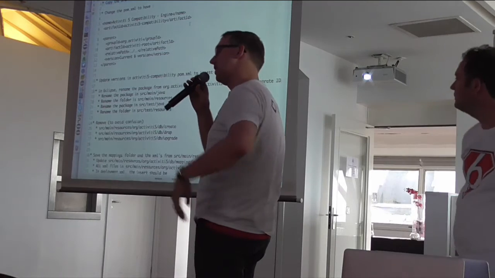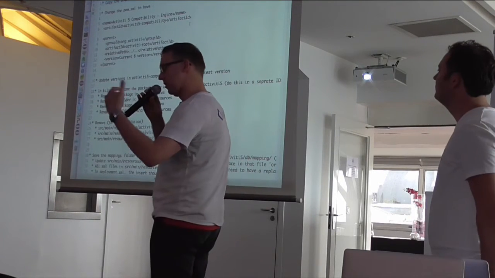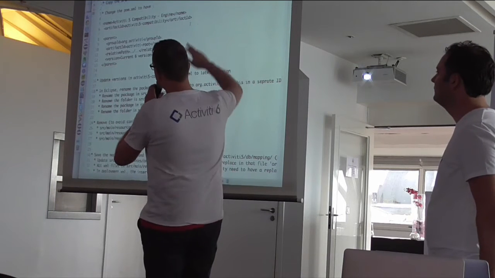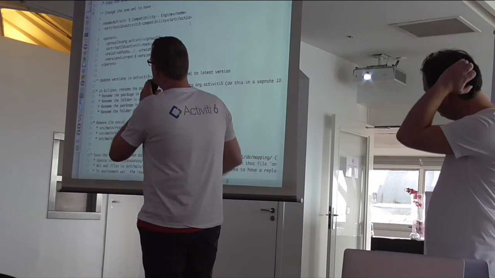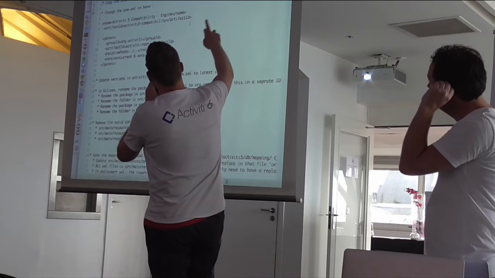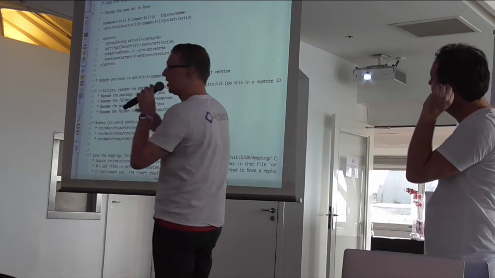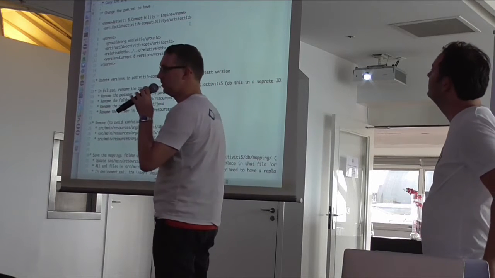Whenever we do an Activity 6 release, we copy the current state of Activity 5, basically. Then you see the steps that we go through to actually do this. It looks like a lot, but it comes down to: copy the source folder, and rename the ordered activity package to ordered activity 5, because you can't have the same class with the same package.